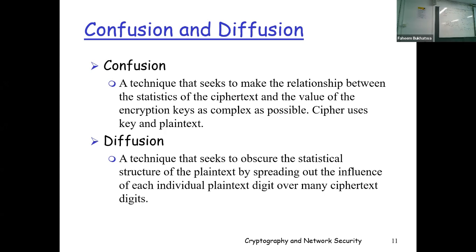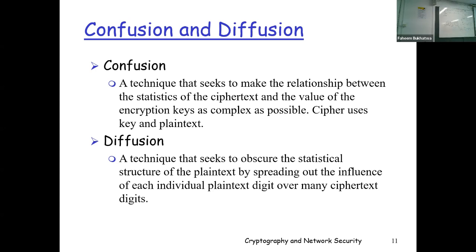Confusion is trying to make sure that between the key and the input data or the ciphertext that has come out, there's no relationship. So in an encryption system, you try to hide any relationship between your input data, output data, and the key used.